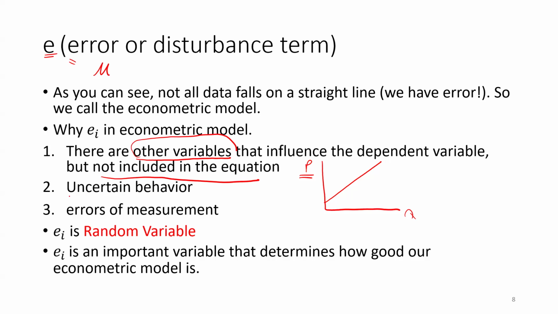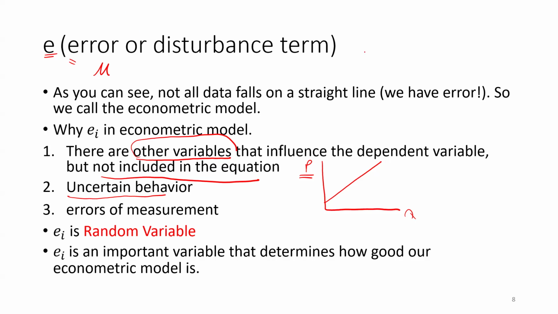Second, there is uncertain behavior. Someday you may love to eat sushi. Someday you may love to eat a steak. So the behavior changes over time. So uncertain behavior makes the model have error.